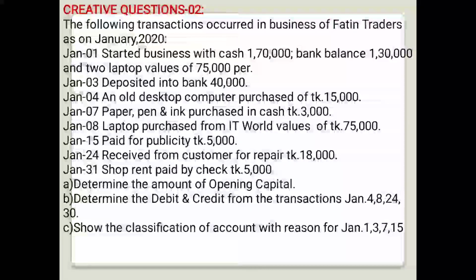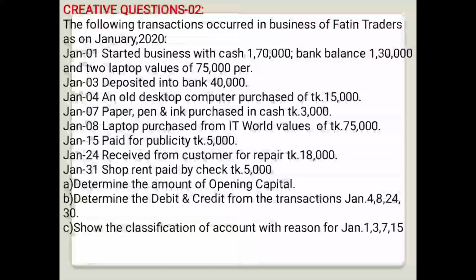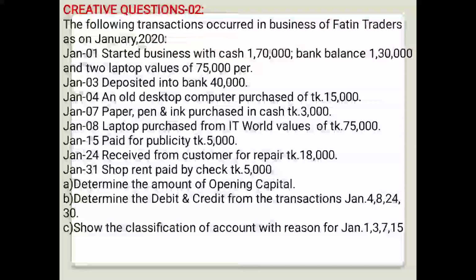Requirement A, determine the amount of opening capital. Requirement B, determine the debit and credit from the transactions of January 4, 8, 24 and 30. But I will discuss the overall total transactions.